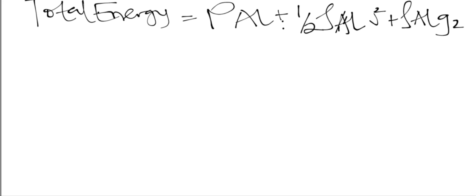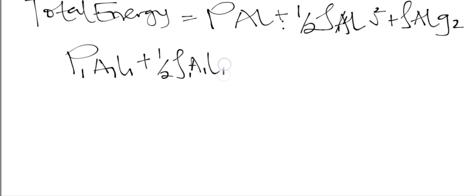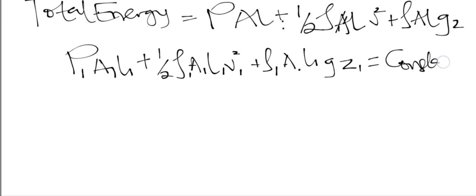So let me now denote it for the inlet. That's to say P1 A1 L1 plus a half rho 1 A1 L1 V1 squared plus rho 1 A1 L1 g Z1. I don't need to say g1 because the gravitational acceleration is constant throughout. You can see that I have some parameters that are common in all of the expressions.